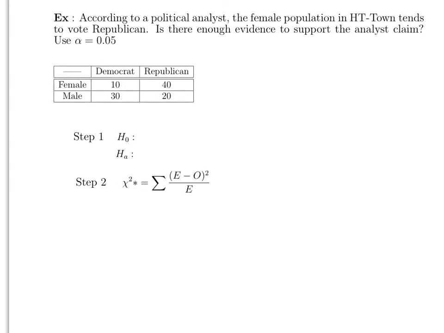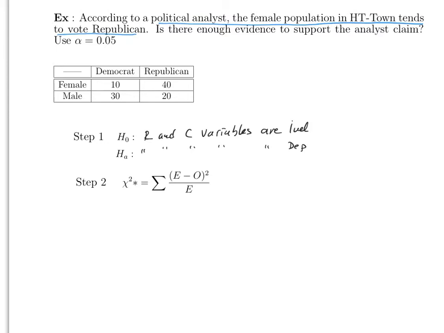You're going to say row and column variables are independent. So that's going to be the claim all the time. And then the alternative is that row and column variables are dependent, even though the claim that the analyst is making is that the row and the column variables are dependent.